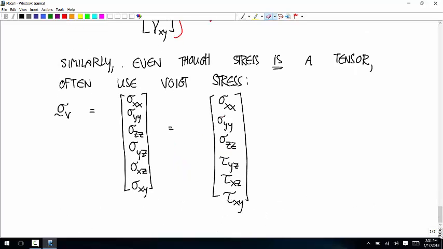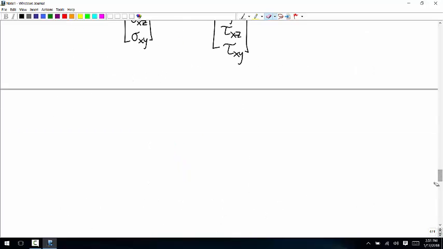And the last thing I want to write, we'll talk about this next time, is a linear relationship between stress, the Voigt stress, and the Voigt strain.